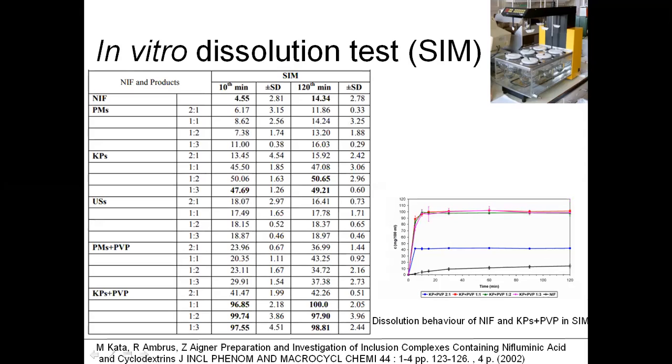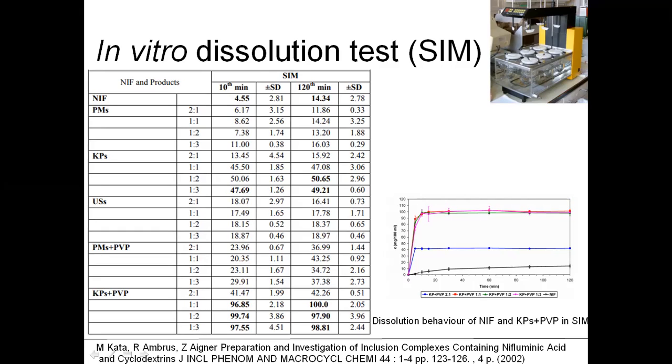In simulated intestinal media, the use of PVP resulted in significantly higher solubility as compared with niflumic acid and the binary products. The saturation concentration was attained in 10-15 minutes. The maximum solubility increase of around 7-fold was observed for the 1:1, 1:2, and 1:3 ternary kneaded products.